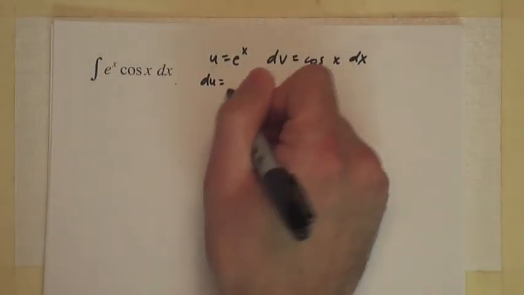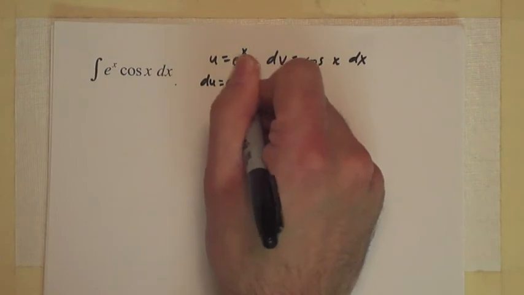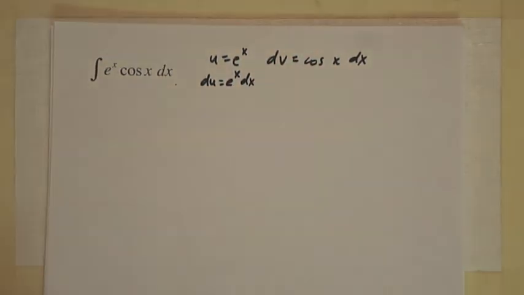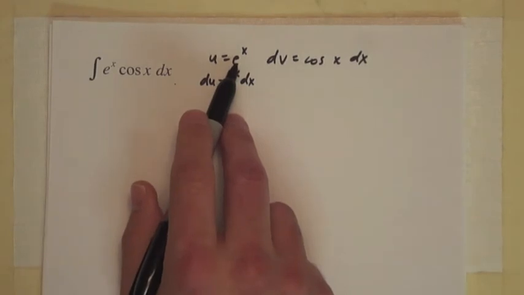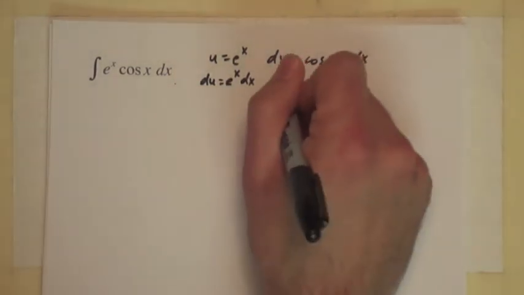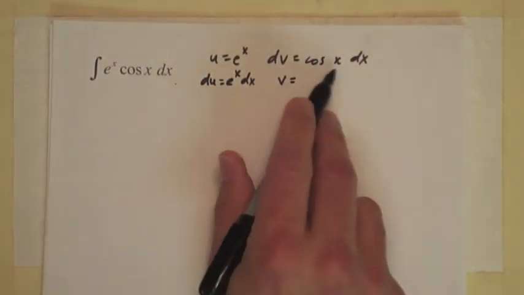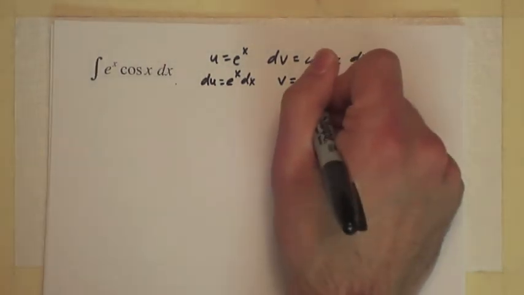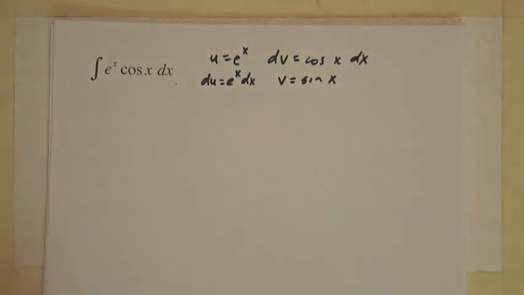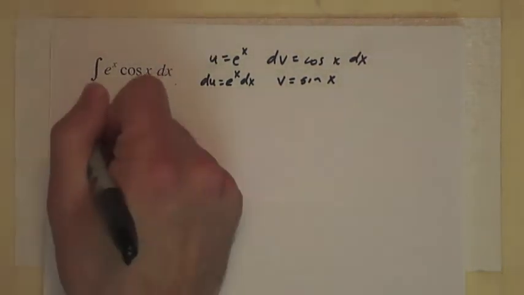The derivative of u doesn't really get any simpler, unfortunately, but it wouldn't get any simpler if we had chosen this to be cosine x either. So it's good enough. The antiderivative shouldn't be worse, and indeed it's not worse. It's just sine x. So what happens?